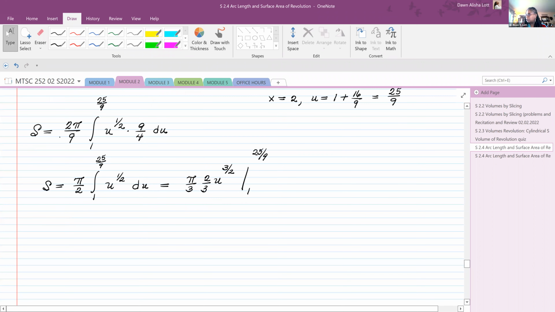Yep. Okay, keep going. So then you replace u with 1 plus 16/9, which is 25/9, to the 3/2 power minus 1 to the 3/2 power. So we get that. Are you happy with that?